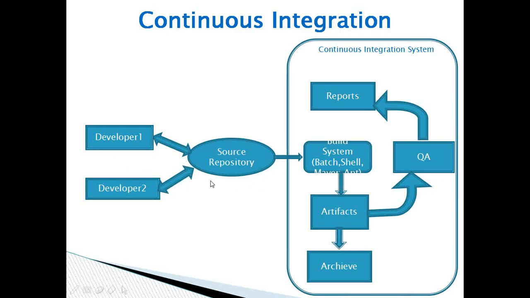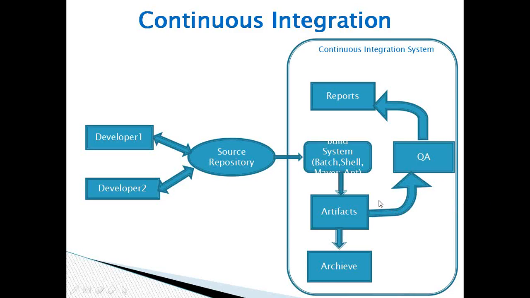A continuous integration system like Jenkins will continuously monitor the source code repository, and whenever changes happen, it can start the build automatically. The artifacts will be generated and shared from the continuous integration system dashboard. These artifacts can be archived.